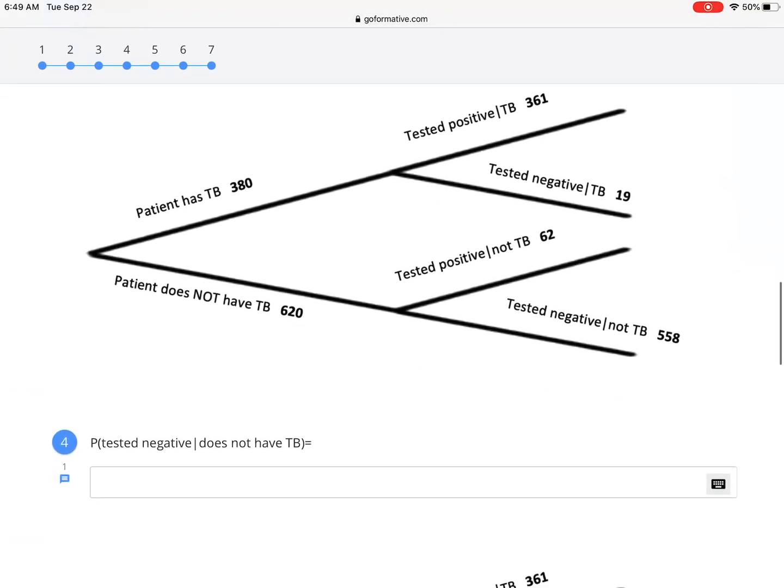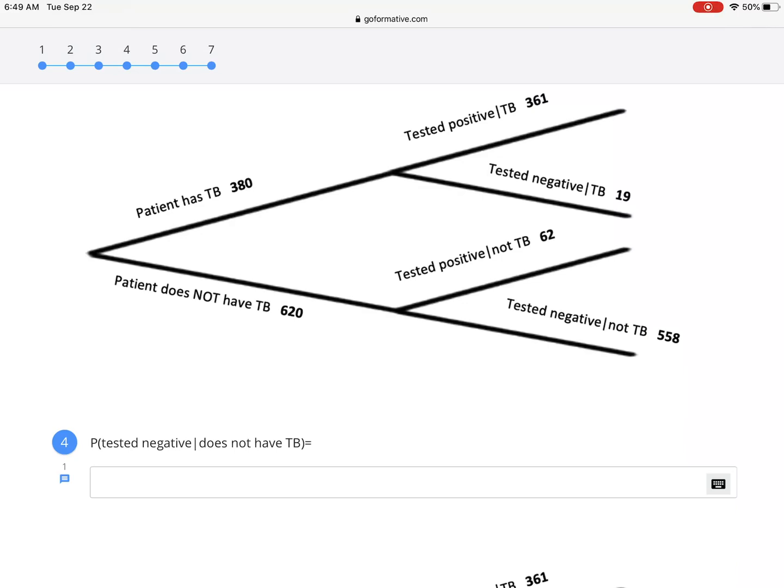Moving on. Getting a little bit tougher. These are the real important ones, guys, the ones with the given line. So remember, this is red, the probability that someone tested negative given that they do not have TB. So I know when I'm reading this that the part that comes after that line is my denominator, okay? So it does not have TB. What's the number for that one? That's 620, right?